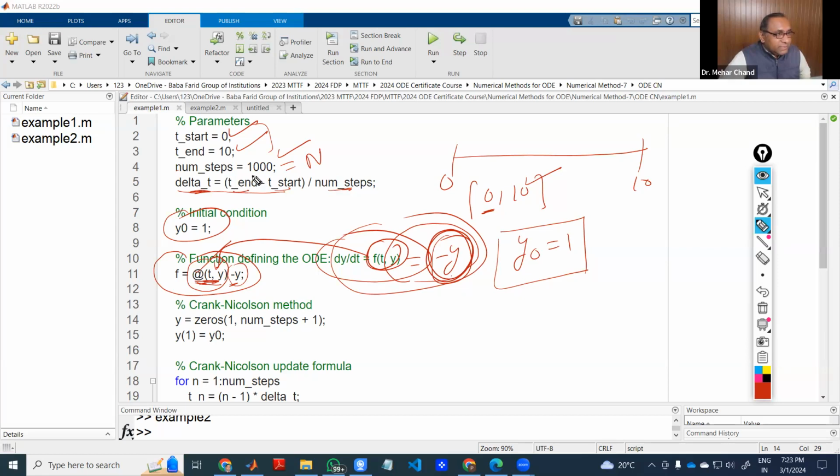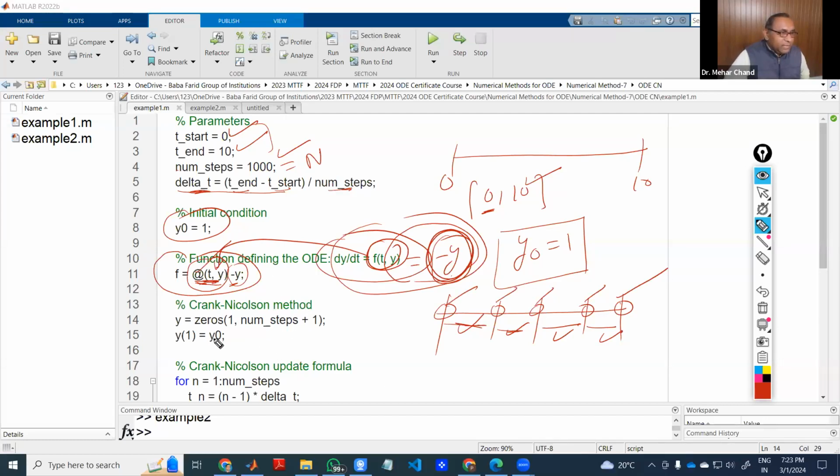If these are the steps, then the number of points will be one more. If we have one step, this is the other, this one and this one, the number of points will be one more. 1, 2, 3, 4, but the points are 5.